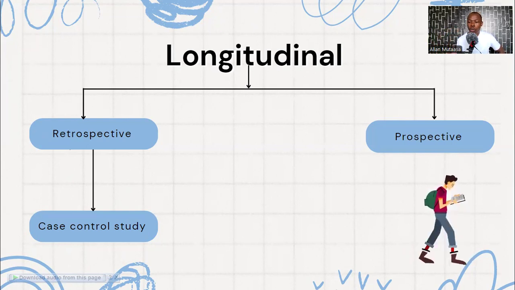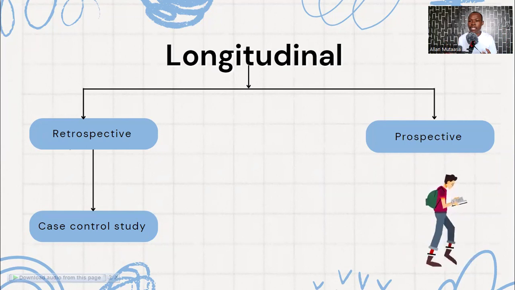But then we could get a group of women who already have cancer of the uterus, and then we can start doing a retrospective study. That's why it happens here. We start studying their lives. Have you ever used hormonal therapy before?